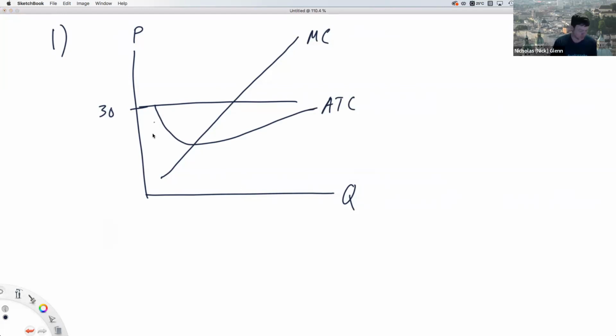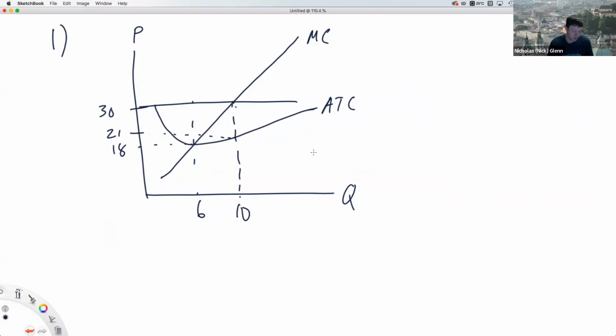Okay, so some intersections here. Right here, that's 18. That's 6 on the quantity. Right here, where marginal cost and this one meet, is 10. And also right here at 21 is when that meets. Okay. All right, so let's look at what we've got going on here.